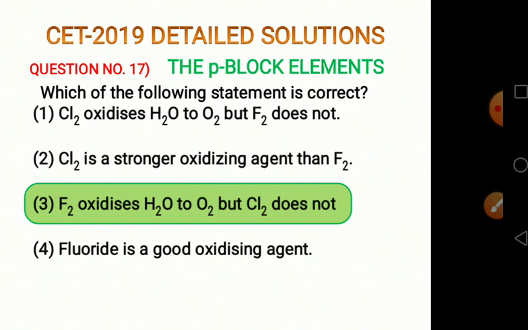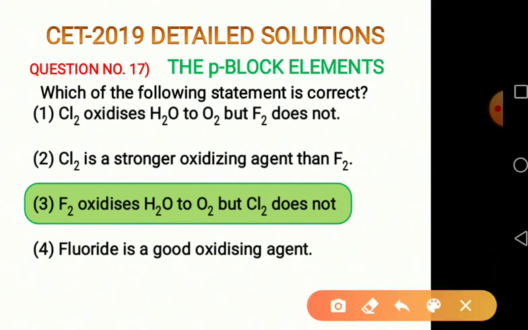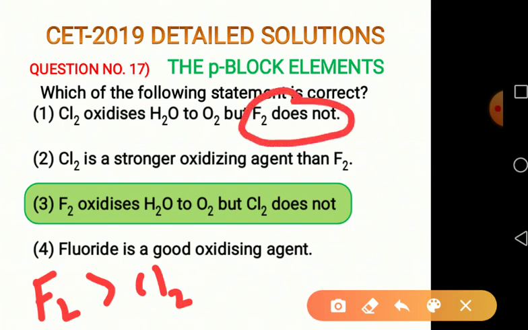What is the reason for this? You see, in case of the oxidizing powers, always remember F2 is strongest. So F2 is more than Cl2, you write. Cl2 oxidizes S2O3 2- means F2 does not, it is given. It is not at all possible.